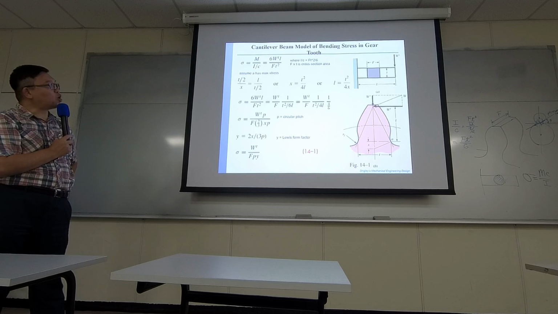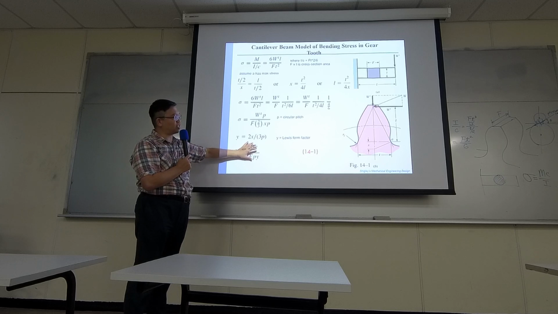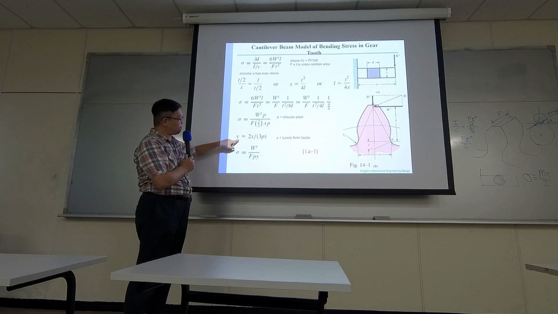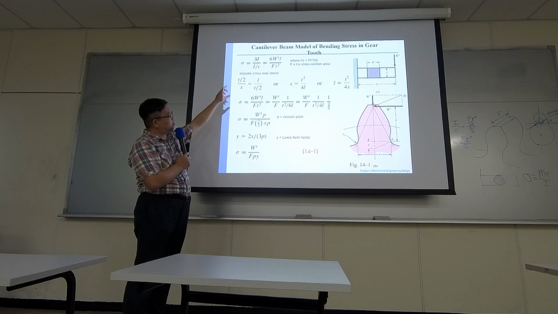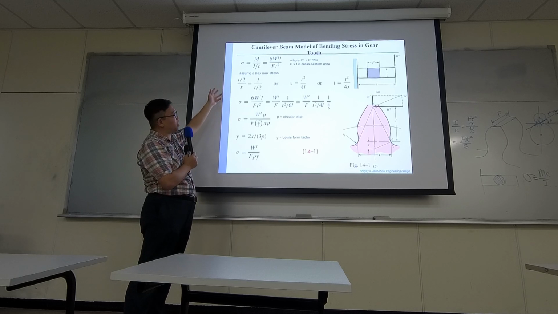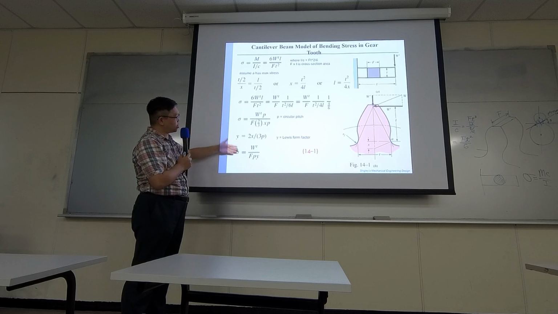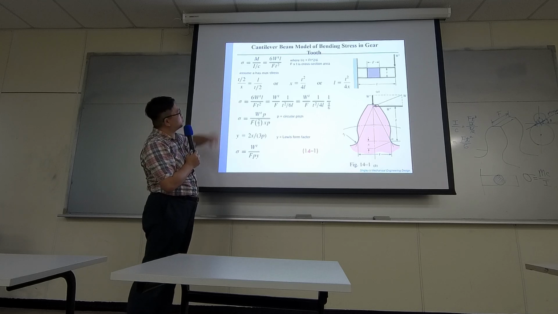In order to have a nicer equation at the end, and in order to define this Lewis form factor, at the beginning you need to rewrite the equation in a certain way. This is just for better derivation or nicer representation at the end. So you need to do this.